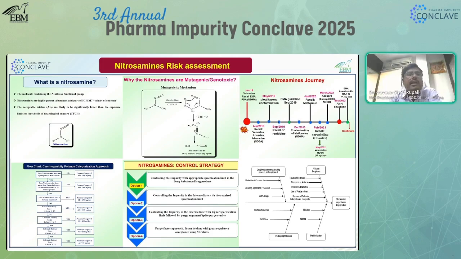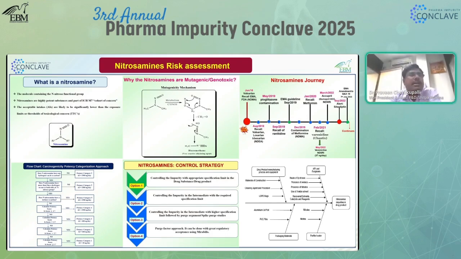Initially, when the alert came in 2017-18, it came only because of the small nitrosamine impurities like NDMA, NDEA, and all. But afterwards, the issue came with respect to the NDSRIs, and all the pharmaceutical industries are now familiarized with how to control these impurities in the drug substances and drug product.